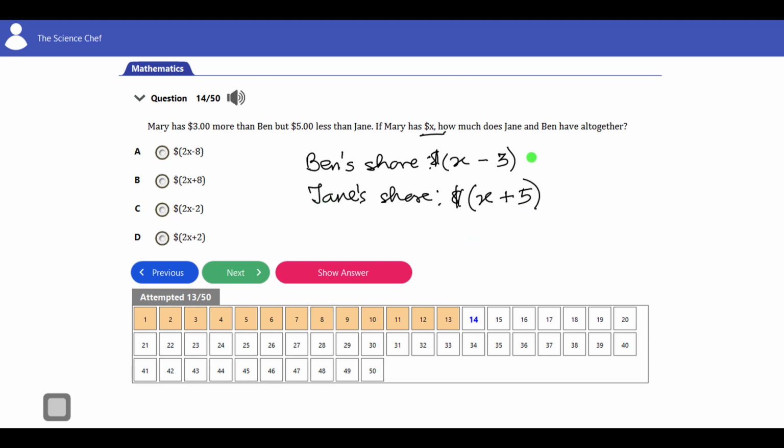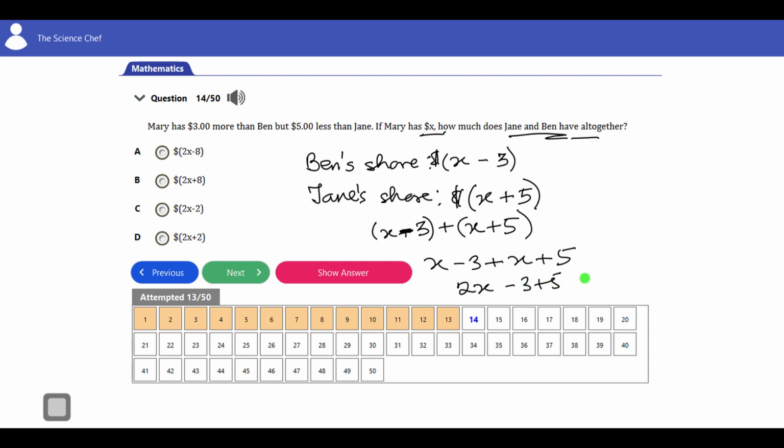Fine. So we are now asked to find the sum of Jane and Ben's money. So that will give us X minus 3 plus X plus 5, right? So you open up, this will be X minus 3 plus X plus 5. Good. So that will give us 2X minus 3 plus 5.